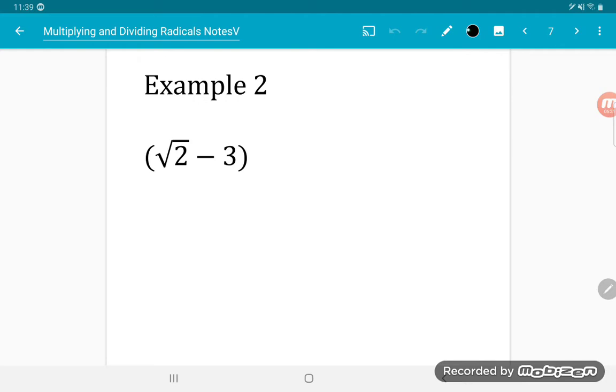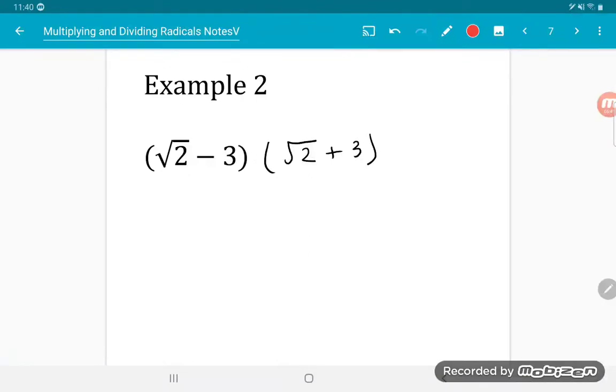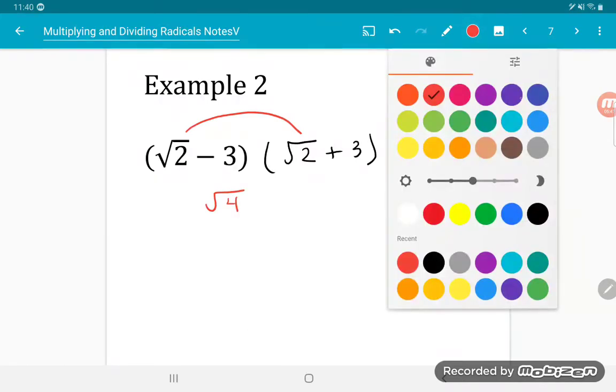I'm going to do that again. So I have to write the conjugate. I'm given square root of 2 minus 3. The conjugate is going to be square root of 2 plus 3. Again, all I do is simply change that second term. First, square root of 2 times square root of 2 is square root of 4.